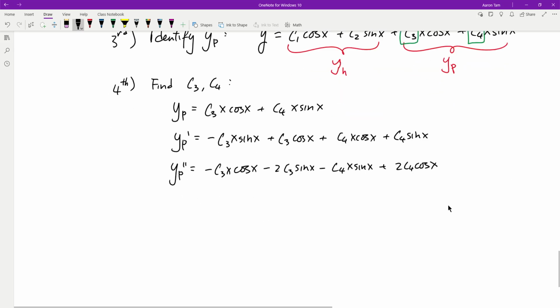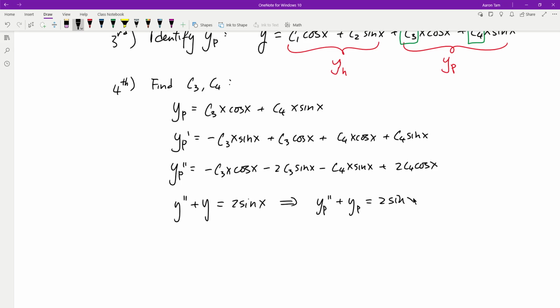And now I'm ready to plug it in. So remember the equation y double prime plus y equals 2 sine x should be satisfied if I plug in y sub p. So when I plug in y sub p, that becomes y sub p double prime plus y sub p should equal 2 sine x.